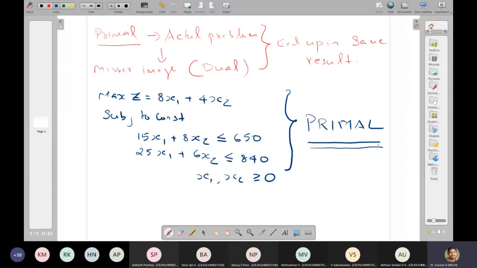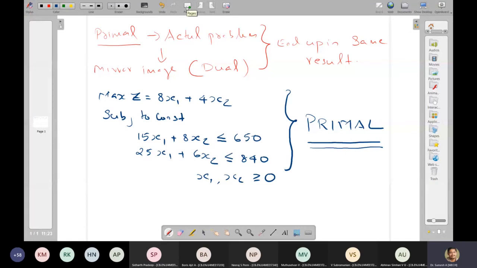Now, how will you convert it or take its mirror image? How will the objective function be taken? It will be minimized. I'll come to it. First, you have to convert the problem into standard form.